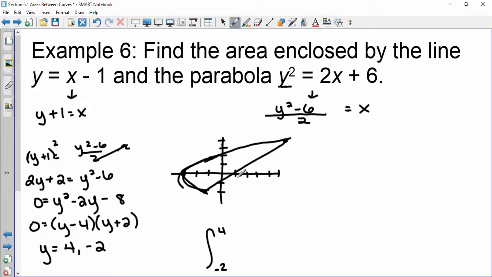When you're dealing with the x's, you do top minus bottom. When we're dealing with the y's, we want to do the one on the right minus the one on the left. So if we're thinking about the right curve, that would be this line. Minus the left curve is this parabola.